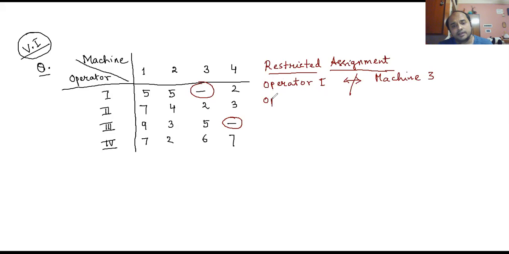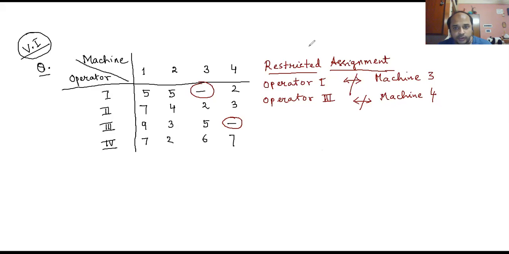And operator 3 cannot be assigned machine 4. With these restrictions in mind, what will be my optimal assignment?